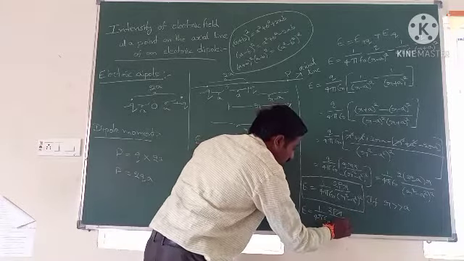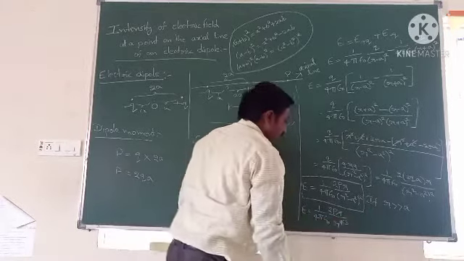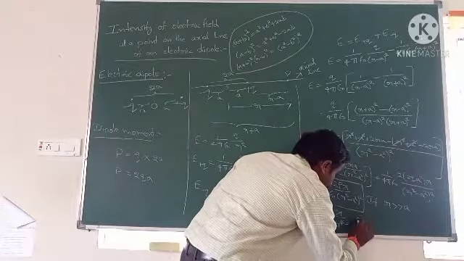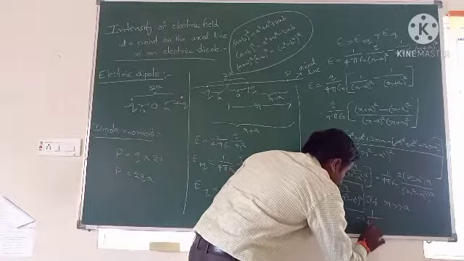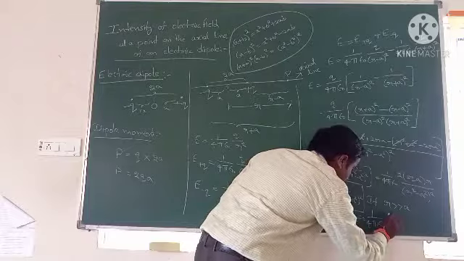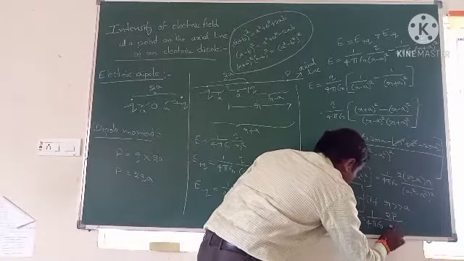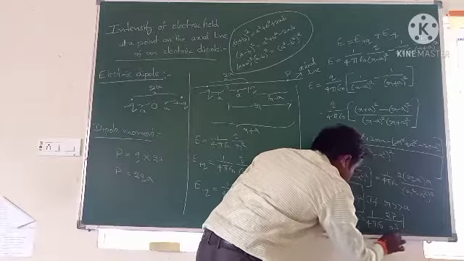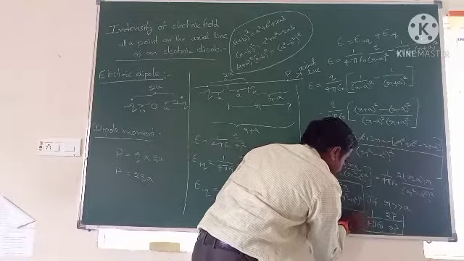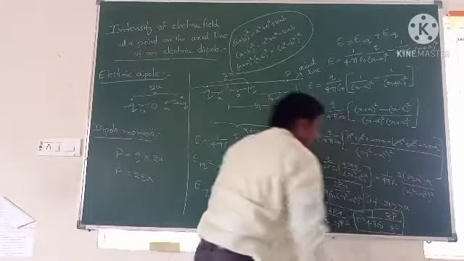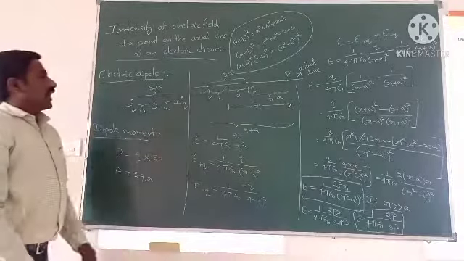Here 1 r cancels, it will become 3. Then finally E equals 1 by 4 pi epsilon naught, 2p by r cube. So this is the electric field intensity at a point on the axial line.